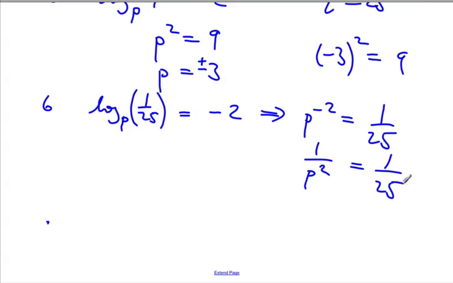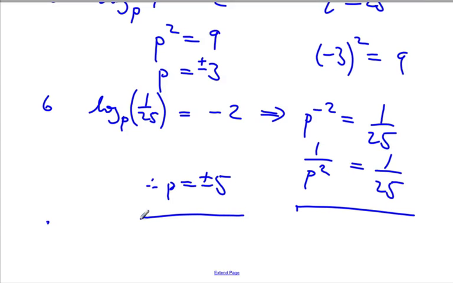So if you compare 1 over p squared with 1 over 25, what must p be? P must be 5 or -5, exactly. Just comparing those two fractions, p has to be 5 or -5. Therefore p equals plus or minus 5.